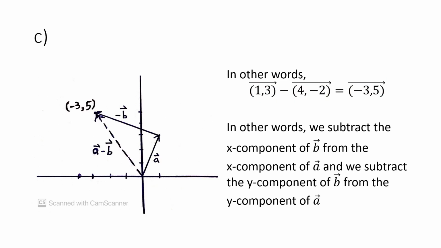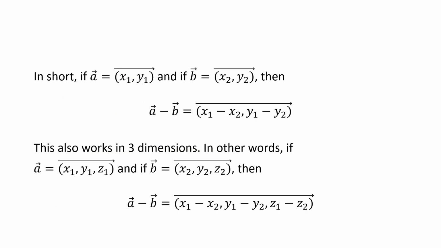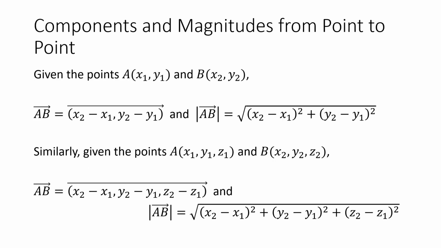We simply subtract the components in the similar way that we added the components. So if A is the vector x1, y1, and B is the vector x2, y2, then A minus B will be the vector x1 minus x2, comma, y1 minus y2. And the analogous thing works in 3 dimensions as well.